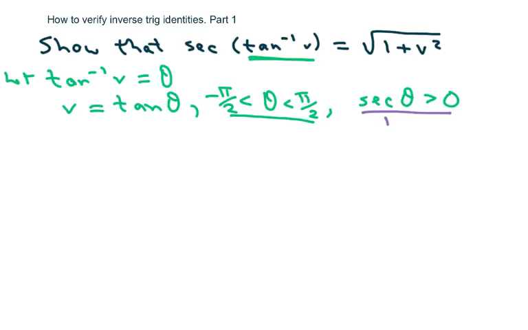So this is actually 1 over x. Our x is positive in between, so I'm just going to draw it right here. You already know this: negative pi over 2 to pi over 2, and cosine, or x, is positive in both quadrant 1 and 4.